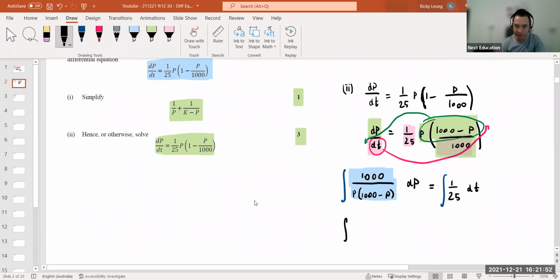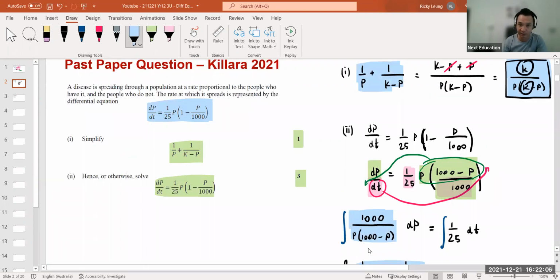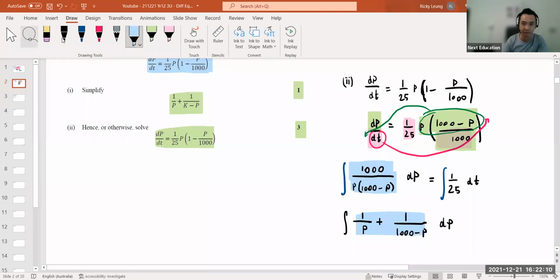So that becomes 1 on p plus 1 on k, which is 1,000 minus p, dp. Just to be absolutely clear, where did I get this from? Part one says if I have k on p times k minus p, I get that, right? Beautiful. And then on this side, I'll do it all at the same time. So 1 on 25, that's a constant, dt. All right, let's do the integral step.